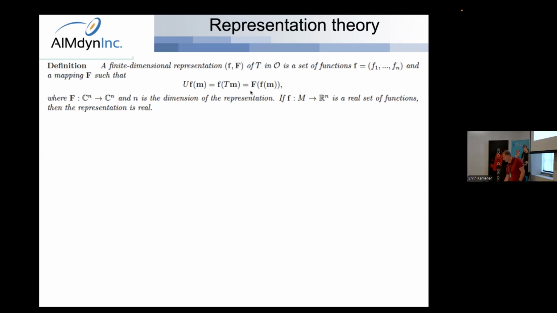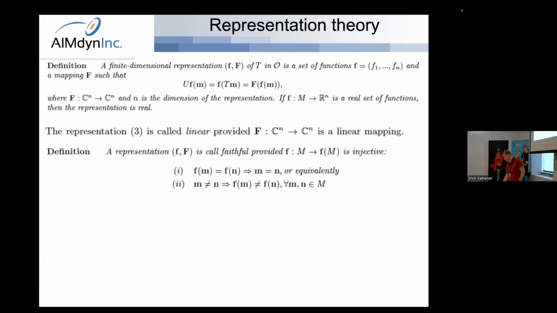Can you find the set of mappings F and the set of functions little f, such that acting with a Koopman operator on this set of functions is equal to acting with a mapping on the same set of functions? We all know a nice linear representation. If we get an eigenfunction, then U phi is lambda phi, and that's just linear, right? But this is a more general idea of a representation.